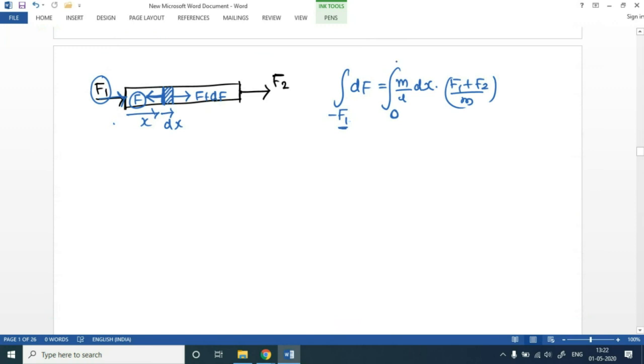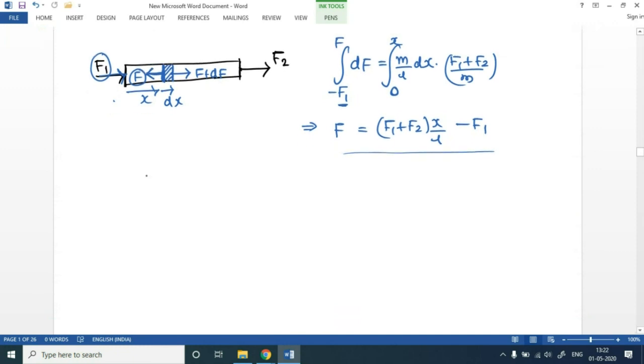We are willing to find out f as a function of x, so that is the upper limit. So this will simply give us f is equal to (f1 plus f2) into x by l minus f1. Okay, so looking at this relationship, can we find out a point of no stress?